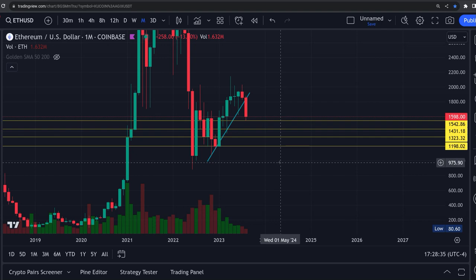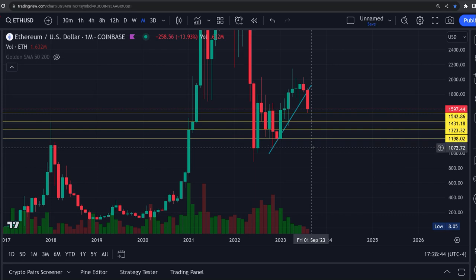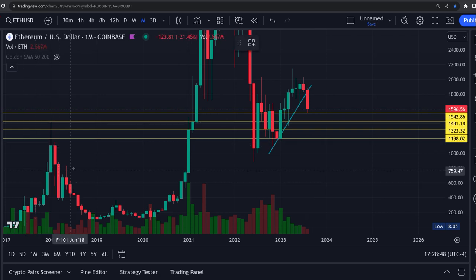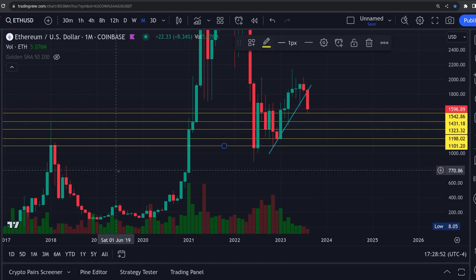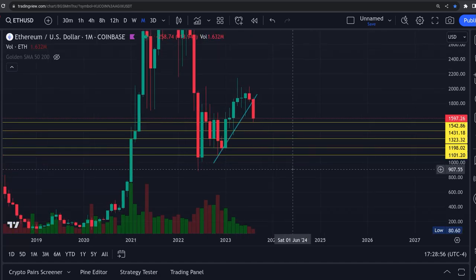Can you imagine going back to those prices again? That's crazy. And then after that, it would be down to $1,100, which would be the previous all-time high over here. So I can put those areas in if you're interested in keeping track of those. Those would be your major areas to watch if it starts breaking down.